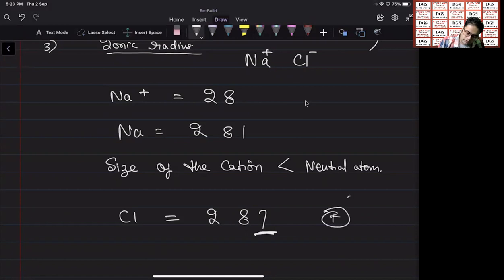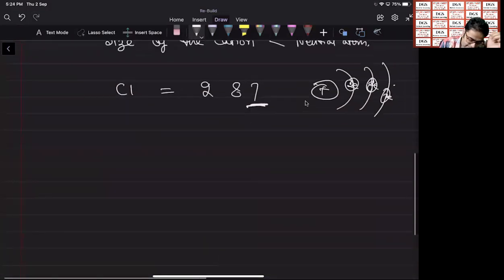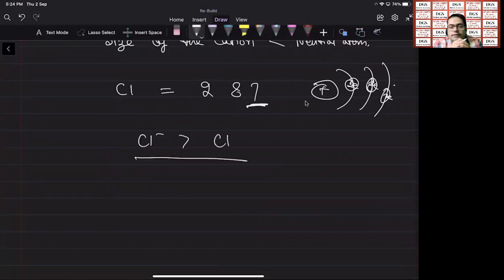This is the nucleus of the chlorine, this is the first shell containing 2 electrons, this is the second containing 8, and finally 7. The incoming electron will assume a position just outside this outermost shell. It cannot come inside the valence shell because of this huge repulsion. So we can say that now Cl- is bigger than Cl.